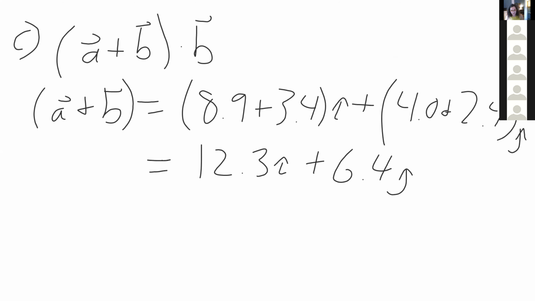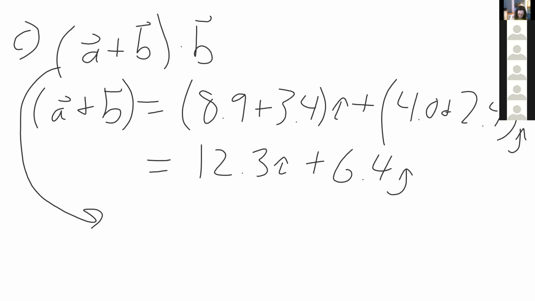So if I sum two vectors together, I just sum them component-wise, and I get a new vector, which is also given in the same component notation. Then the last thing I want to do is dot this with B itself.